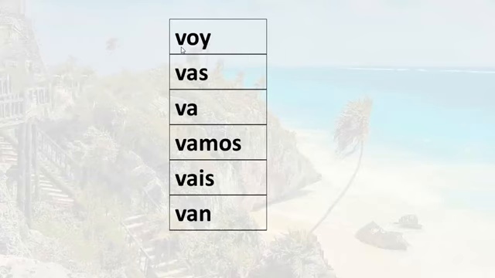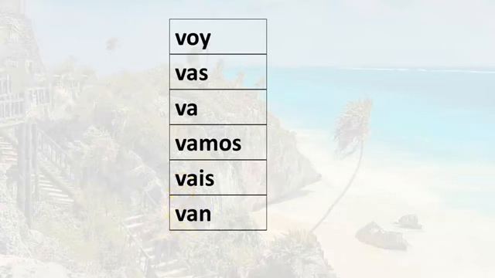It sounds a lot like the English word boy. It's a little bit softer. So again, if it's the initial sound, you'll hear it closer to an English B. So boy, vas, va, vamos, vais, van.